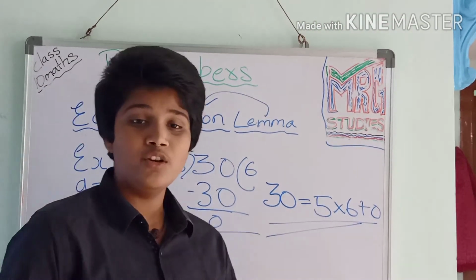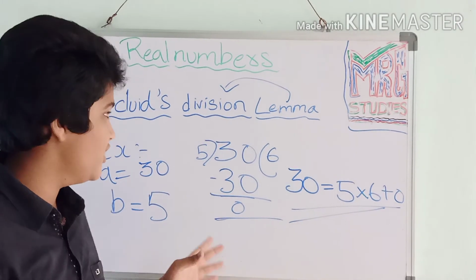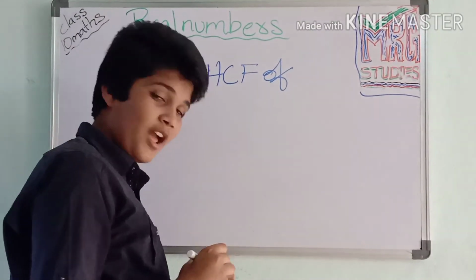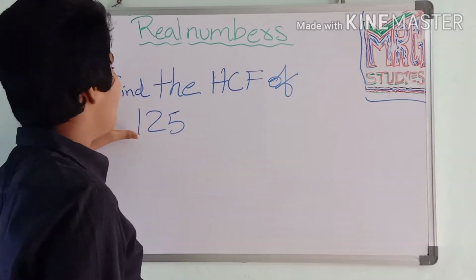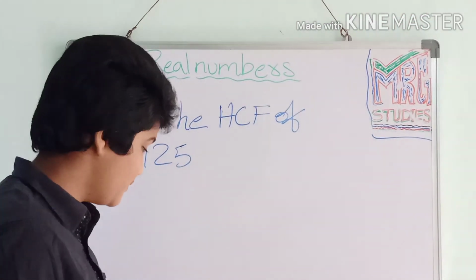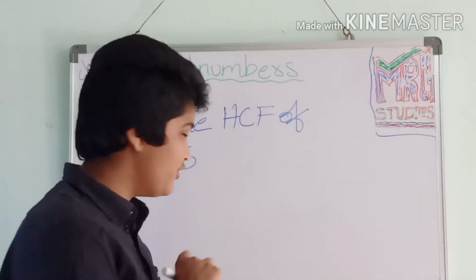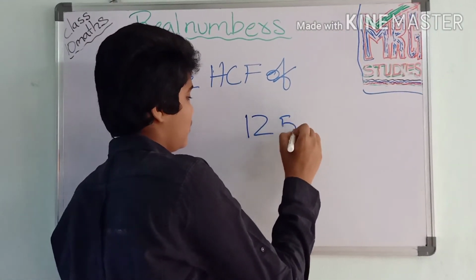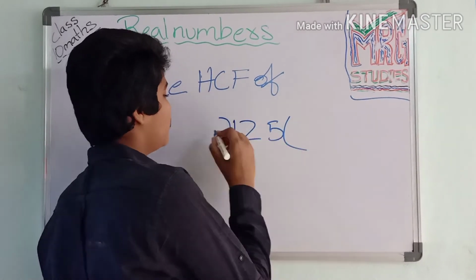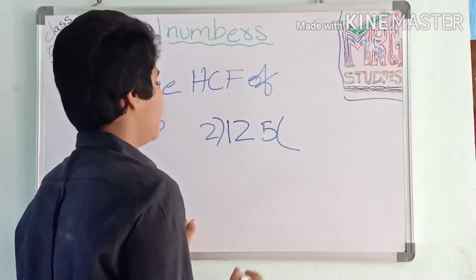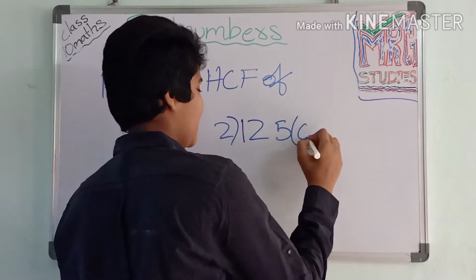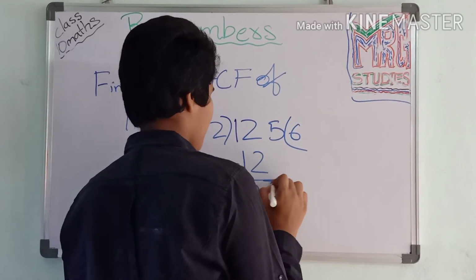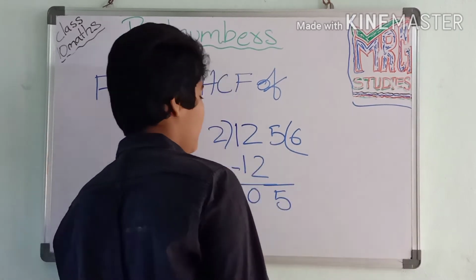Now I will tell you how to find the HCF of these real numbers. Now I will tell you how to find the HCF of 125. We should also do the division in this. 125, we take 2, 2 sixes are 12, 0, and we got 5.